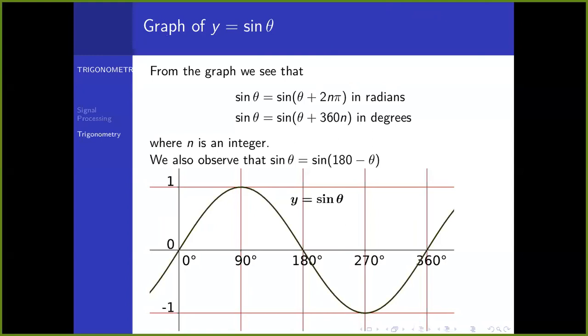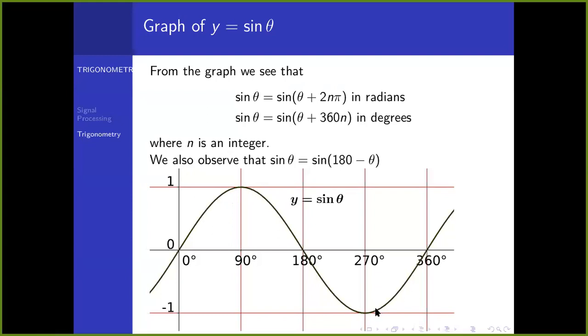Now, when we draw the graph of sine theta, this is what you get. Maybe I should have drawn a little more of it so that you can see how it works. But what happens is that it will start at 0 here, go all the way down, and come back up again at 360.